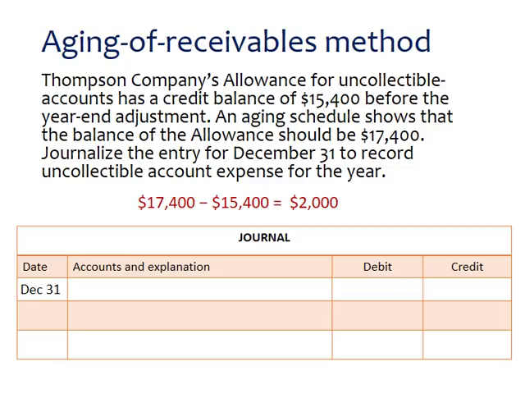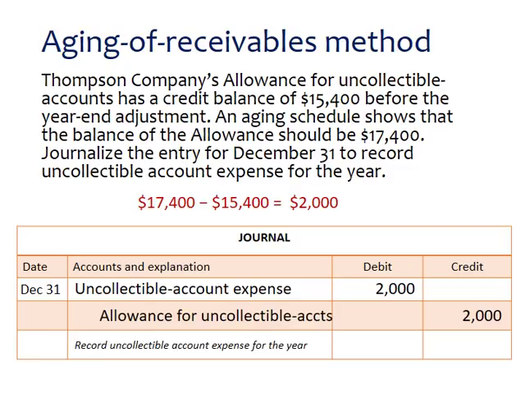Since the general ledger allowance for uncollectible accounts has a credit balance of only $15,400, we need to recognize an additional $2,000 of uncollectible account expense. I got the $2,000 by taking the $17,400 and subtracting the $15,400. We will debit uncollectible account expense for $2,000, and we will credit the allowance for uncollectible accounts for $2,000.